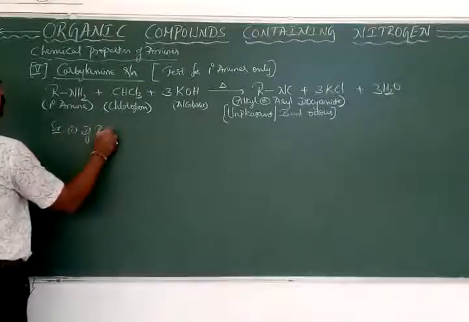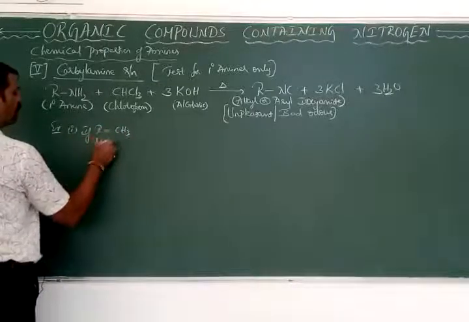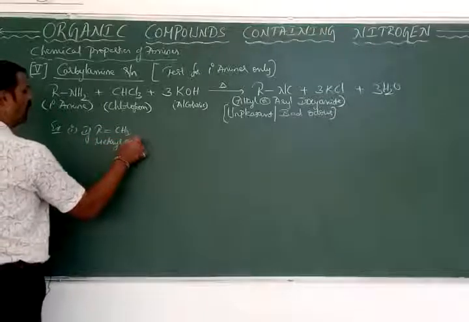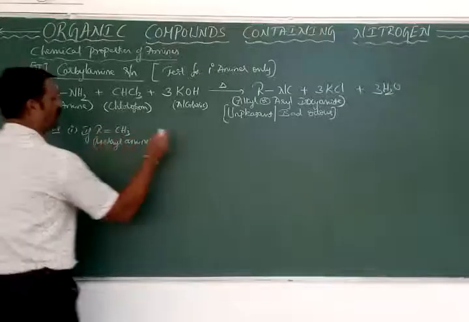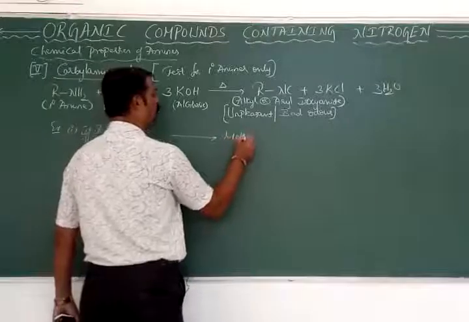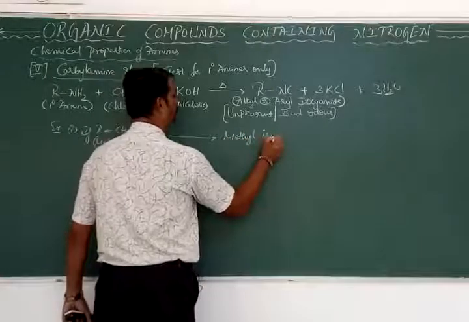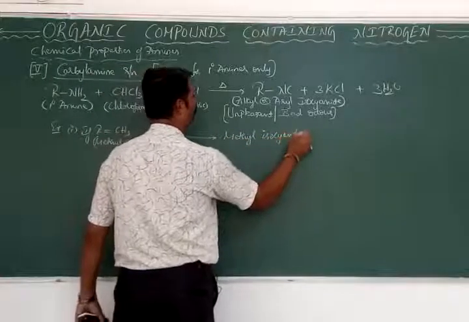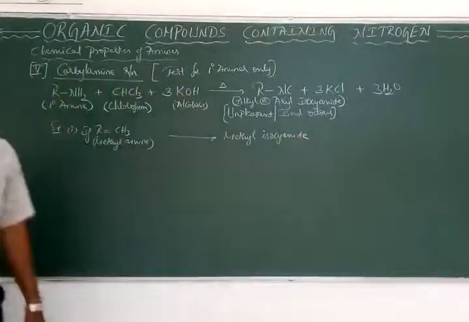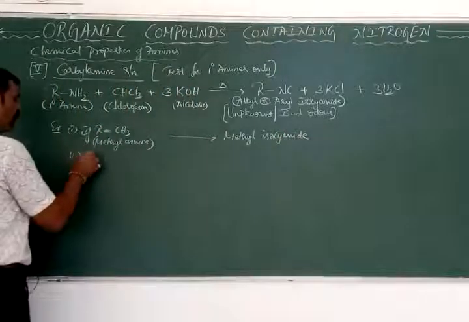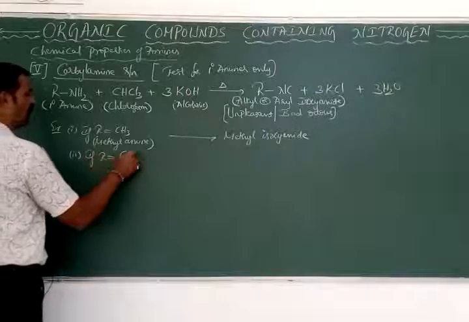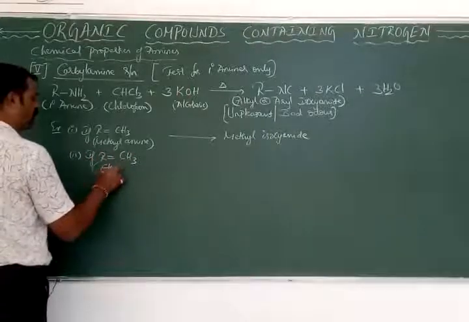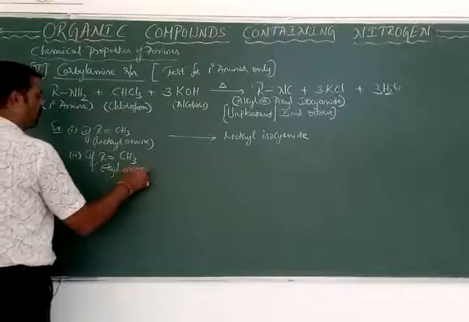So for example, if R is equal to CH3, it is called methylamine that I have taken. The product obtained is methyl isocyanide. Suppose R is equal to C2H5, then it is called ethylamine.